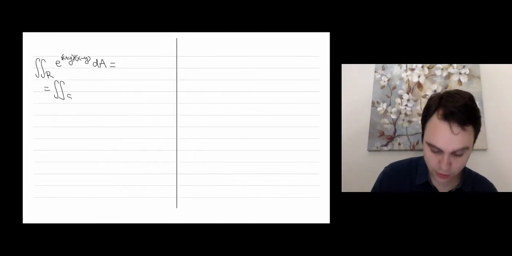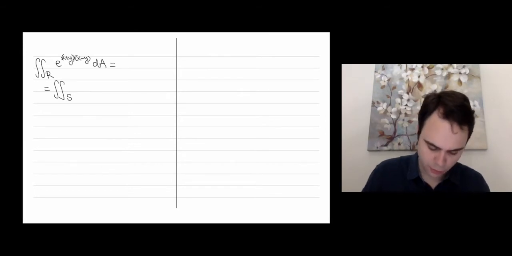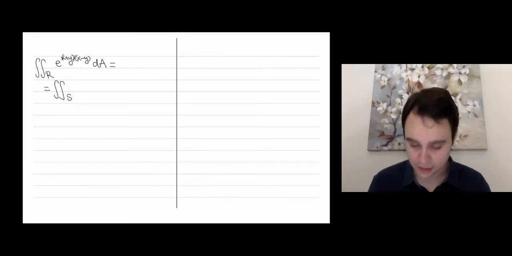So the bounds, the region of integration we'll figure out in a moment, but S is the region of the UV plane that corresponds to R. I'll show you how to get that in a second.